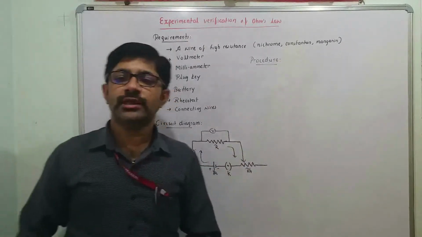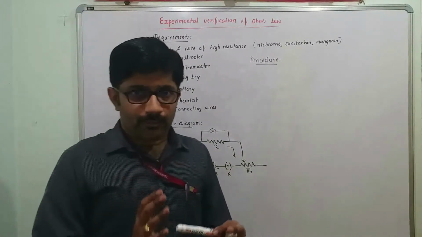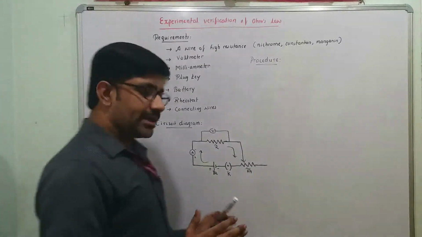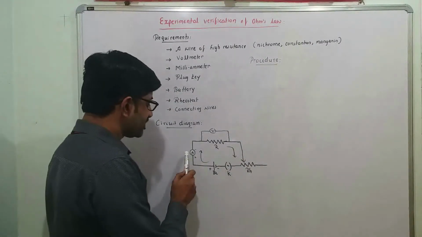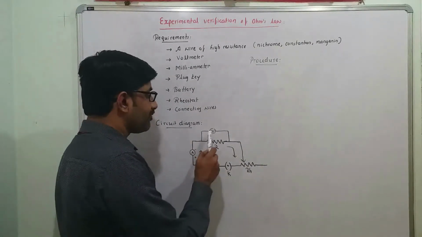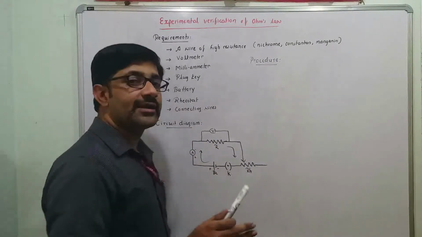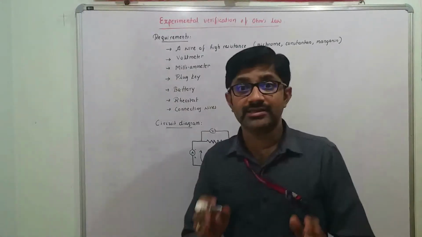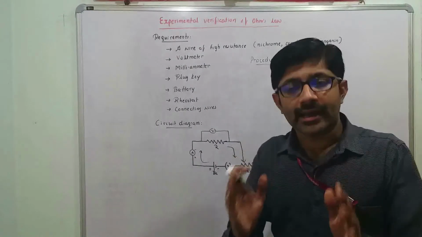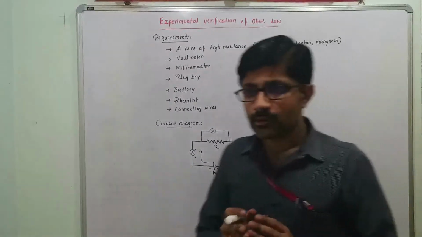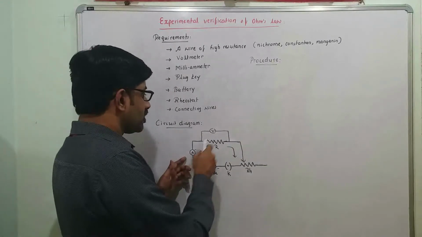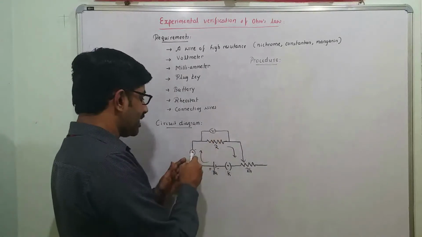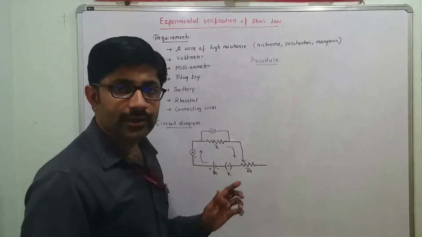Once we switch on the battery or plug key, you are going to observe the deflections in the ammeter and voltmeter respectively. You will definitely have deflections once the circuit is correctly arranged. So you just read the voltage V values and current A values respectively.